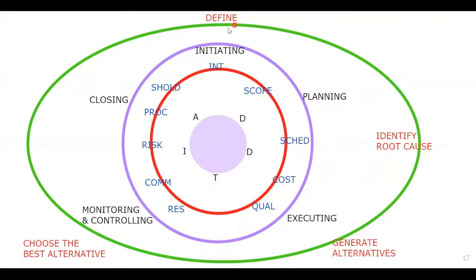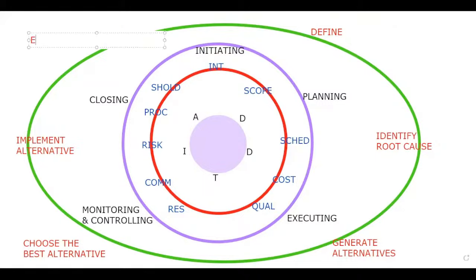Of course, after you choose the best alternative, you would implement the alternative. And last but not least, you want to make sure that the alternative actually worked.